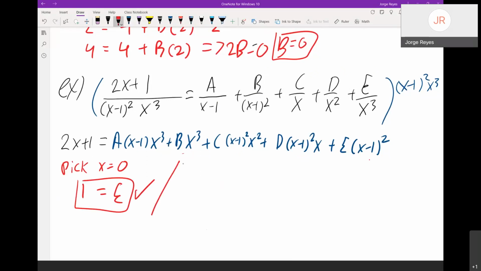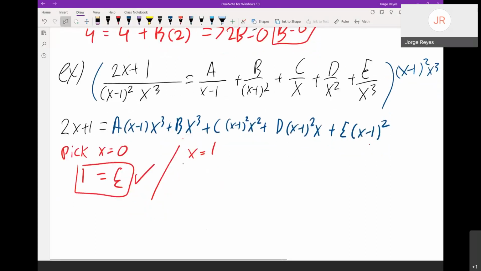The only other good x is 1. So x equals 1. Then this cancels, this cancels, this cancels, this cancels.